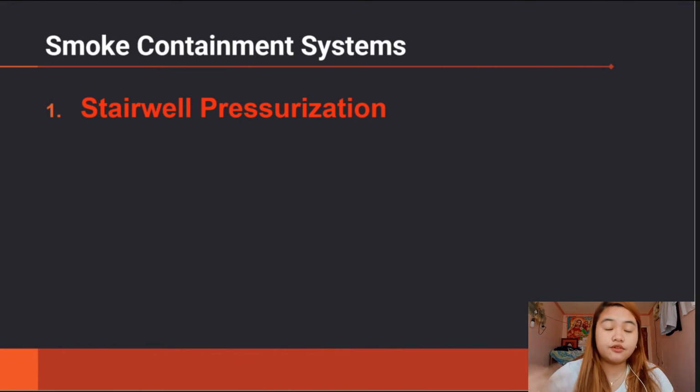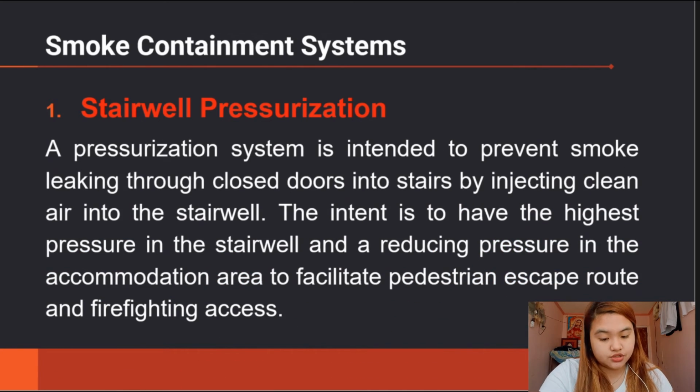There are four types of this, and the first one is stairwell pressurization. This is intended to prevent smoke leaking through the closed doors by injecting clean air into the stairways. The intent is to have a high pressure in the stairwell and reduced pressure in the accommodation area to facilitate a pedestrian escape route and firefighting access.